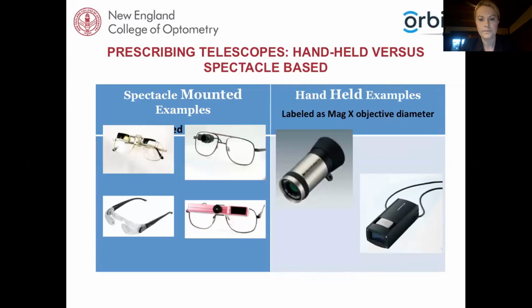I would say that for things like TV watching, I often prescribe a binocular spectacle-based system, such as this one here. I would say that for spotting tasks, I often prescribe a handheld telescope, just because it's easier to hold up and take down really quick. So I would say it really depends on the task.